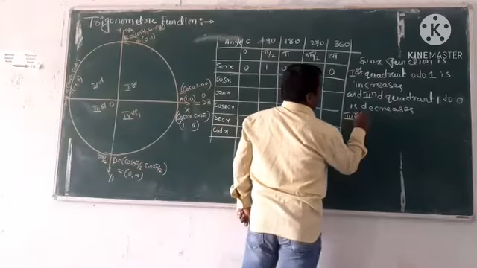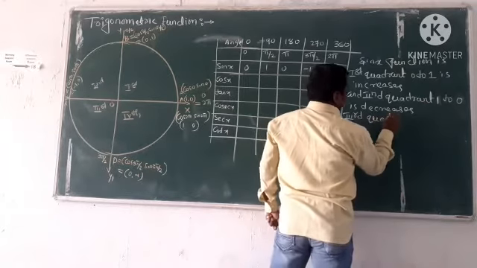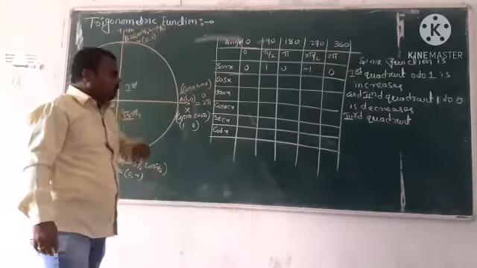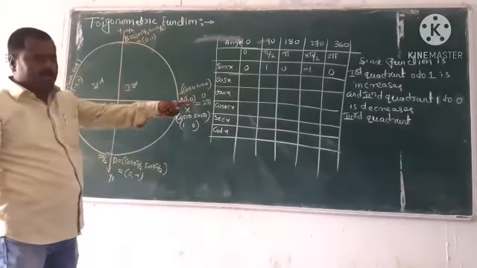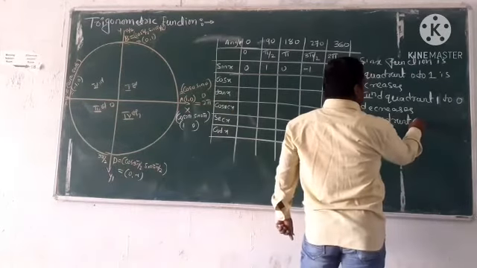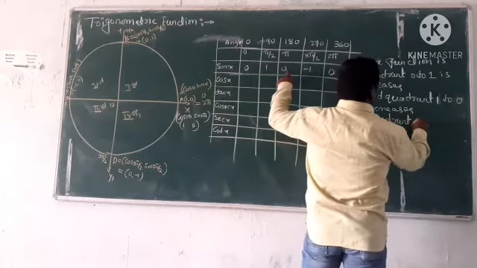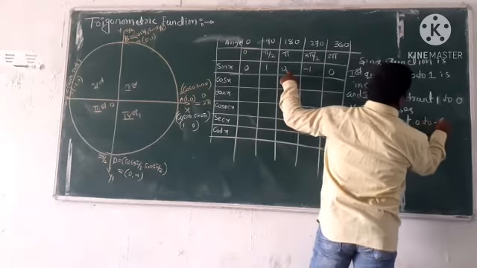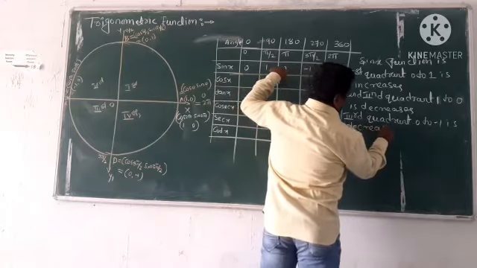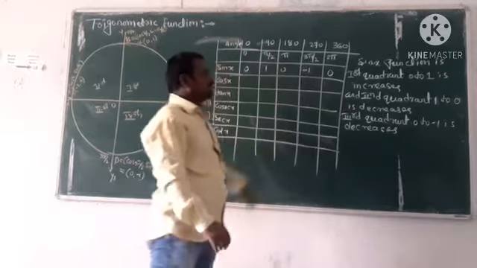Third quadrant: you can observe that 0 to -1 is decreasing.